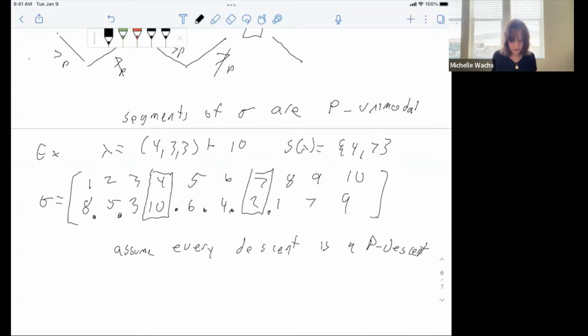Okay, so those are the descents of the permutation. And you can see that in each segment, the descents are an initial segment of that segment.